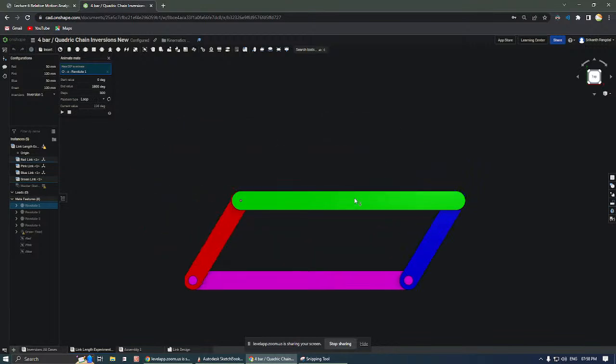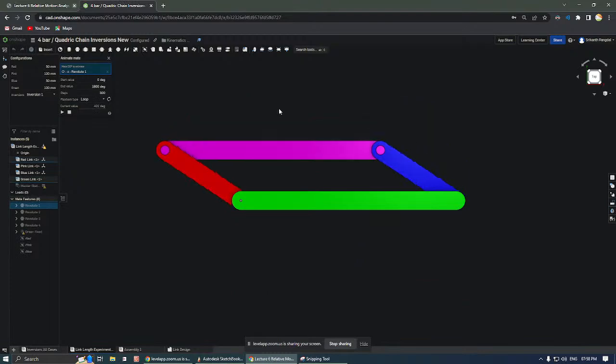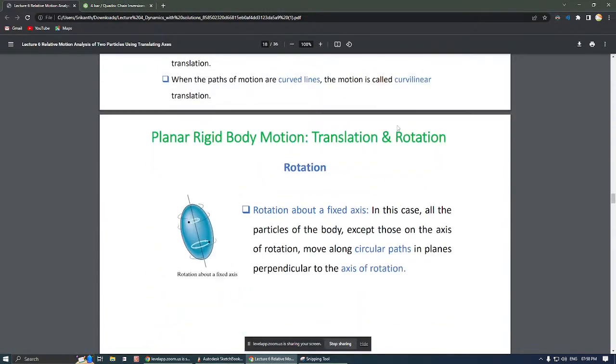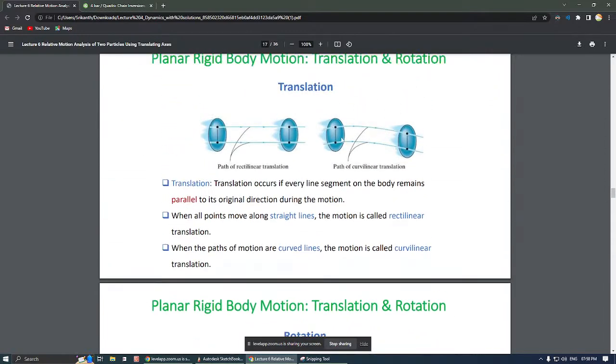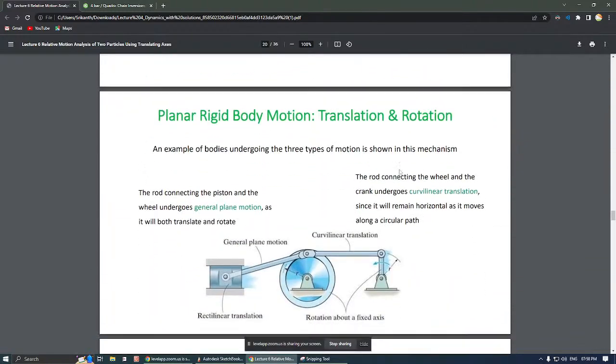Endpoints of the pink link are moving on a circular path. That's why it is called curvilinear. So in the definitions here, that's what he has shown, right? Here the path is curved, but the orientation remains the same. Then it is called curvilinear translation.